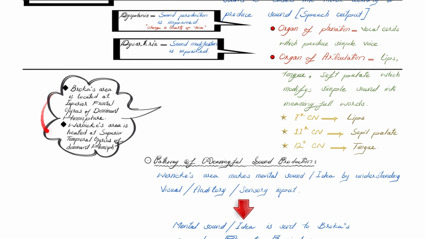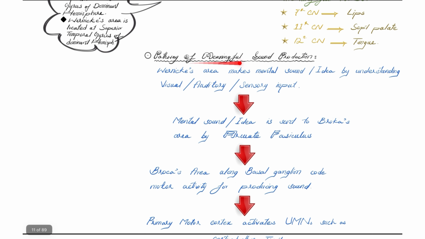So now let's learn about the pathway of meaningful sound production. Wernicke's area makes mental sound or idea by understanding the visual, auditory, and sensory input. Then this mental sound or idea is sent to Broca's area by the arcuate fasciculus, which is a bundle of nerves.